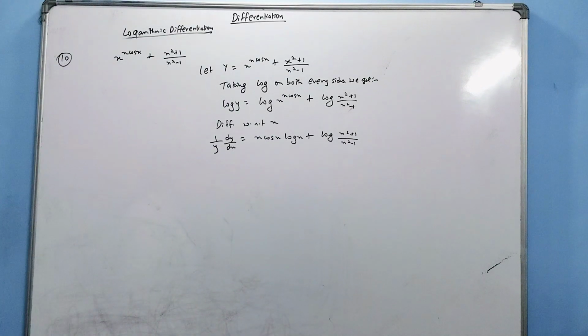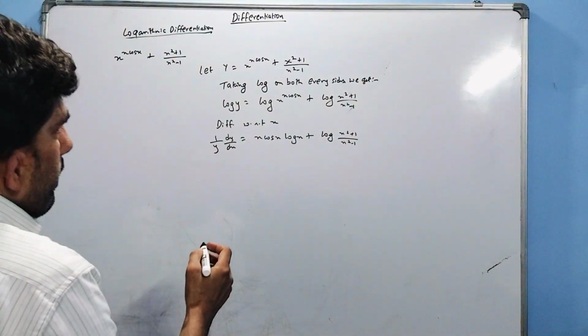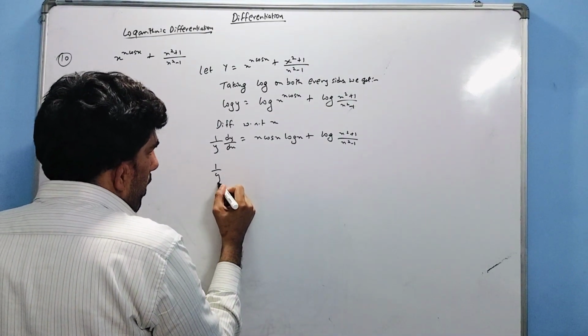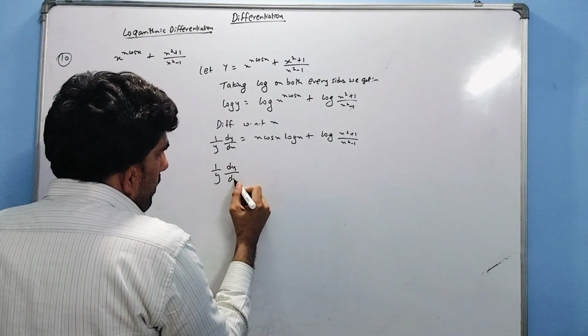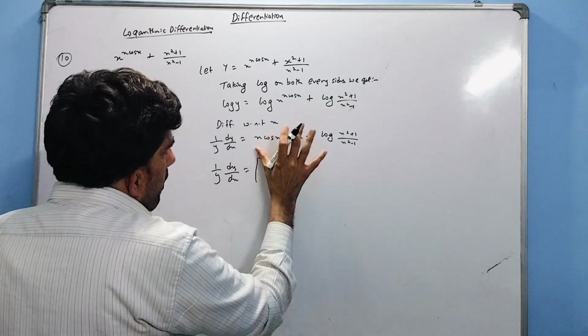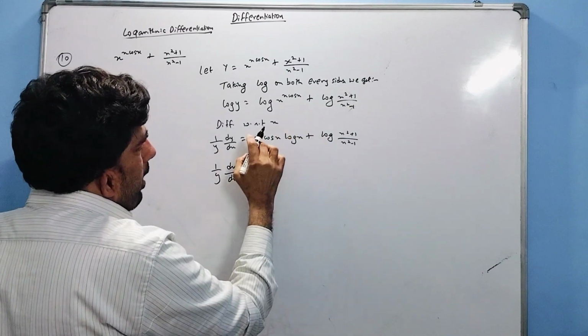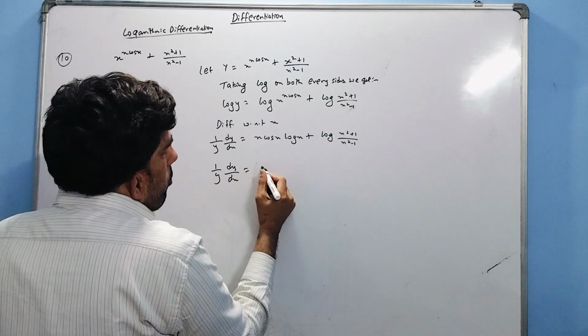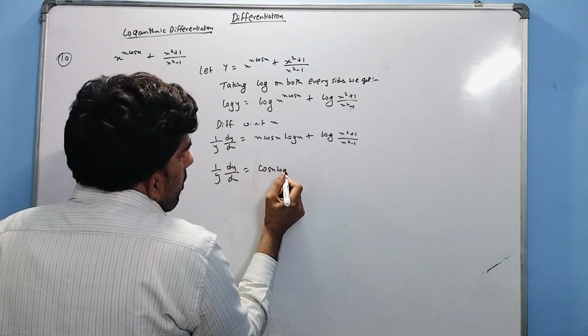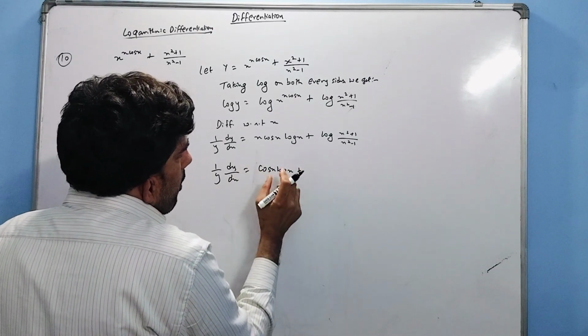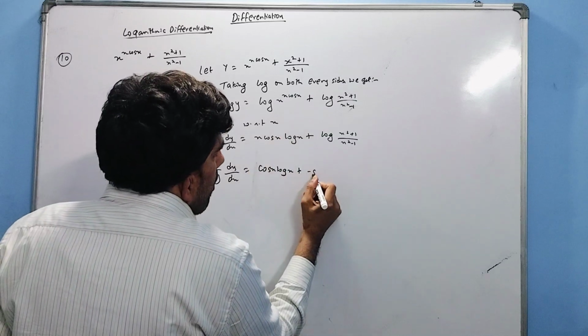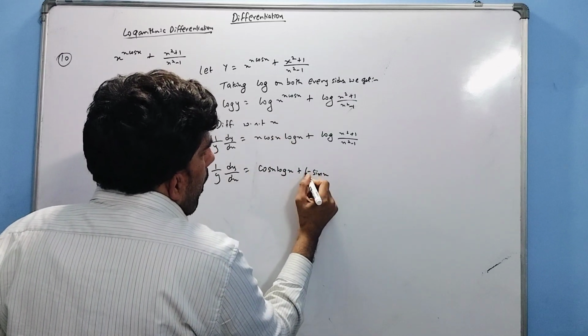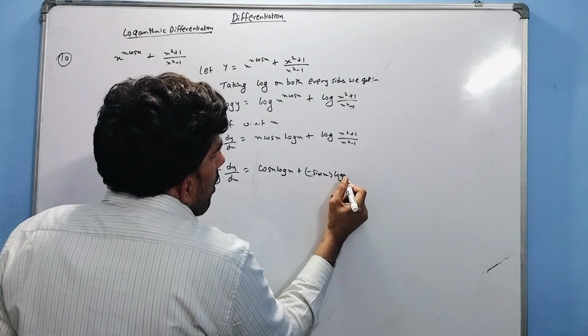Now let's start to differentiate it. So we have 1 upon y dy upon dx. We'll differentiate them separately. First we differentiate x, we get 1 into cos x log x. Then differentiate cos x, so we have minus sin x into log x into x.